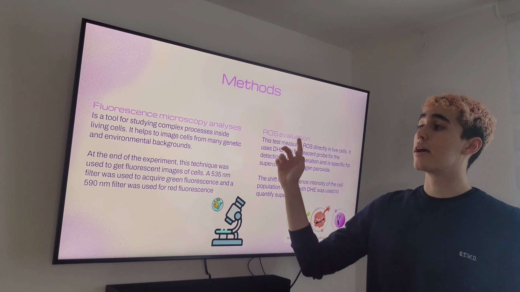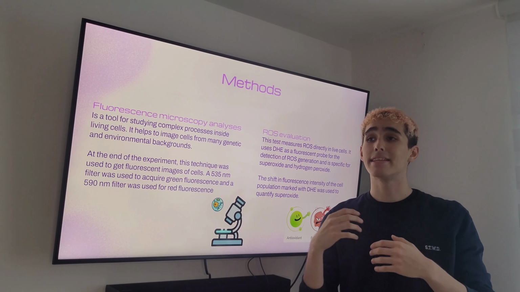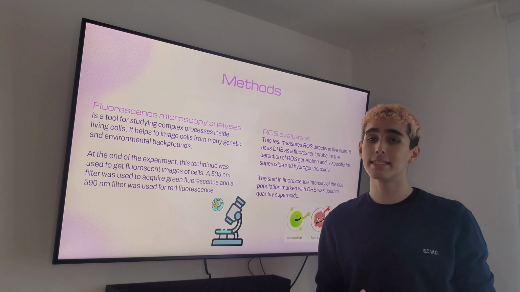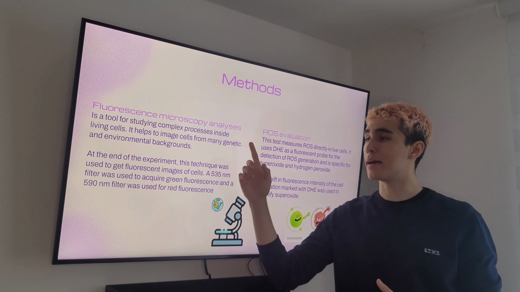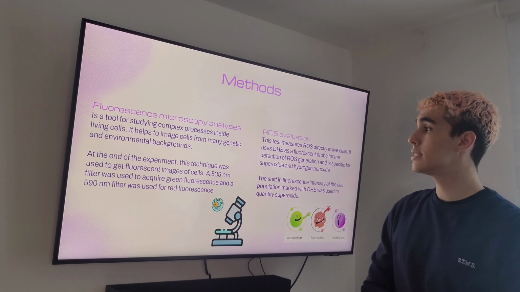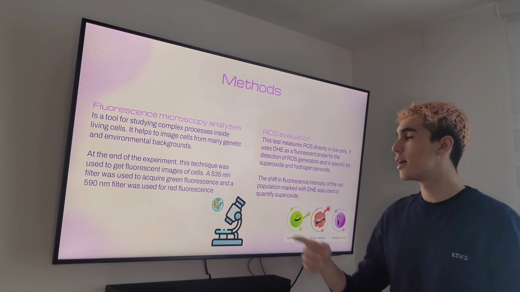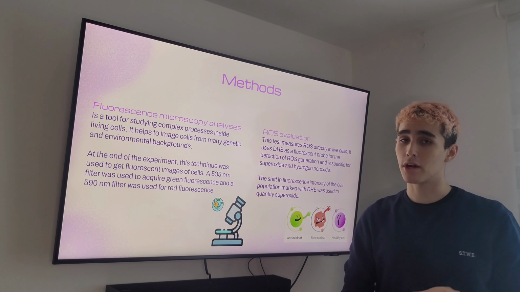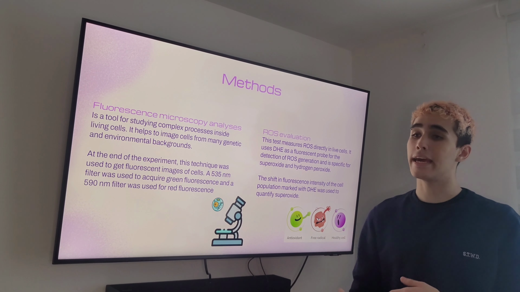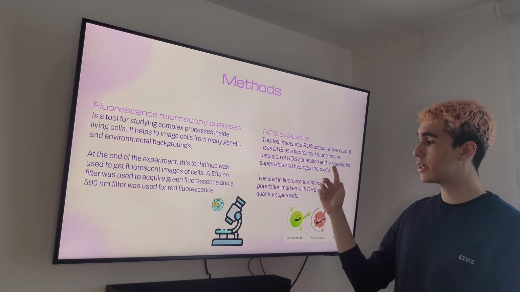The other two are fluorescence microscopy analysis, to get fluorescent images of the cells and their activities in genetic and environmental backgrounds, and the ROS evaluation, which is made to measure the concentration of ROS in a live cell. It determines the detection of ROS, specifically of superoxide and hydrogen peroxide.